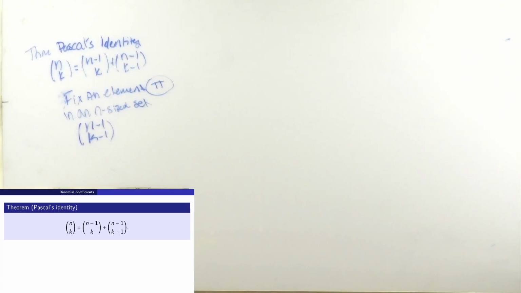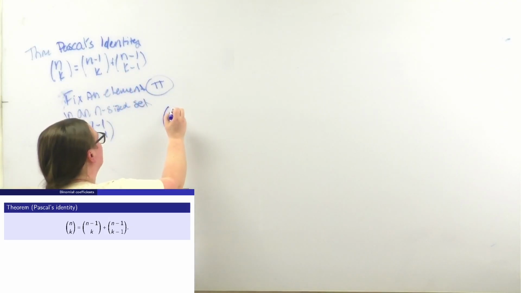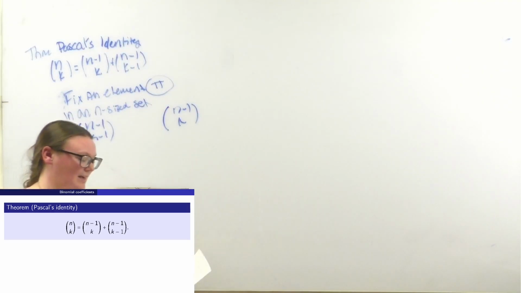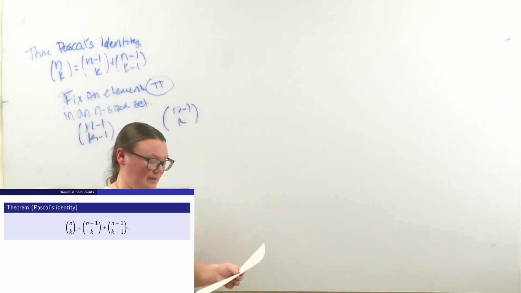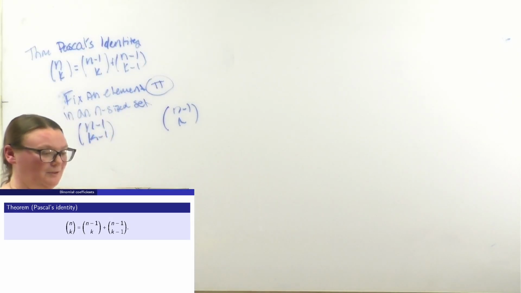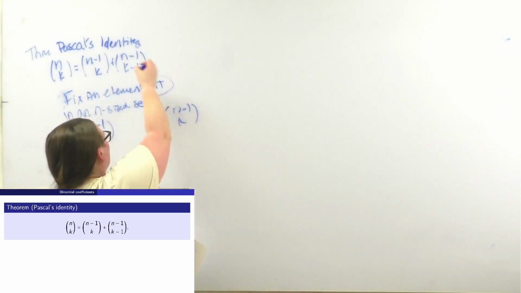So then consider the sets of size k without our fun little pi, and that's n minus 1 choose k. Because there were n minus 1 things that aren't pi, and we need k elements in our set. Cool? So then we end up with our identity.